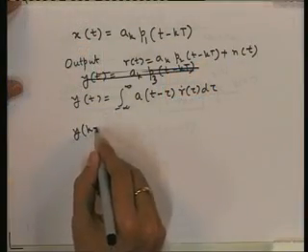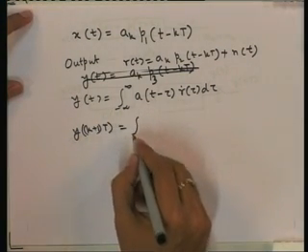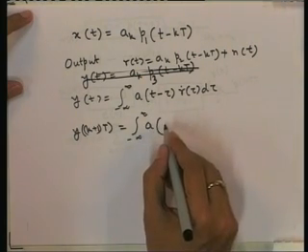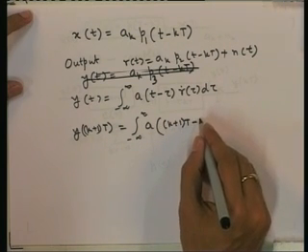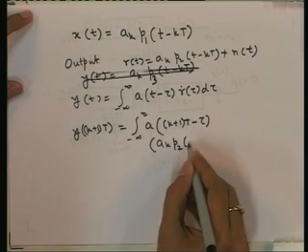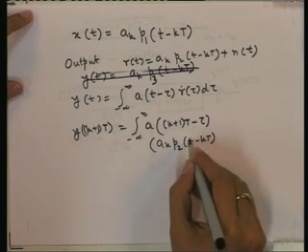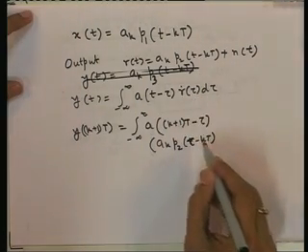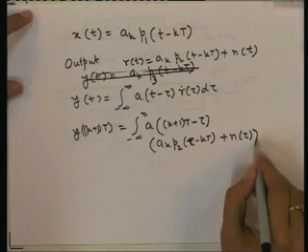The output we have at (k+1)T is, from here we can see, the integral from minus infinity to infinity of a((k+1)T minus tau) times r(tau), where r is a_k p2(tau minus kT) plus n(tau), d tau.